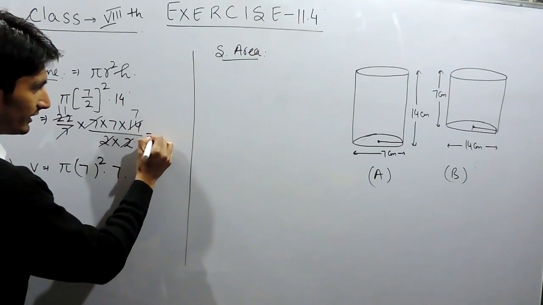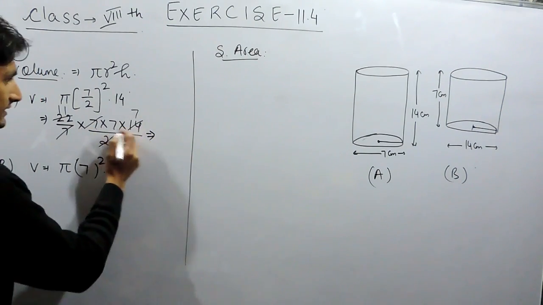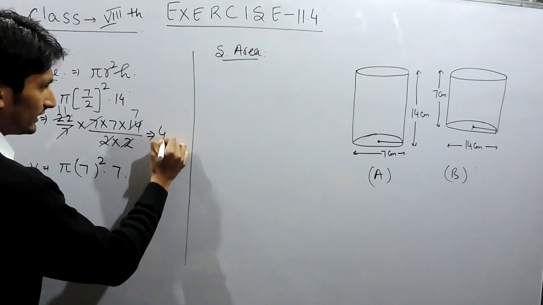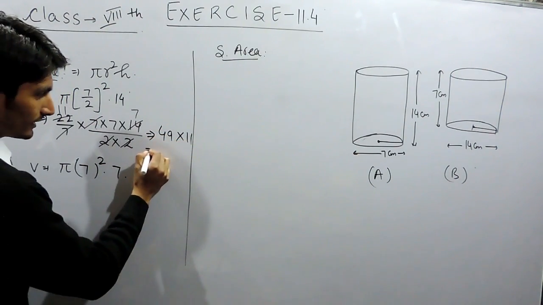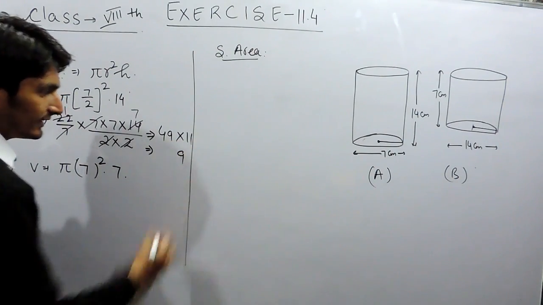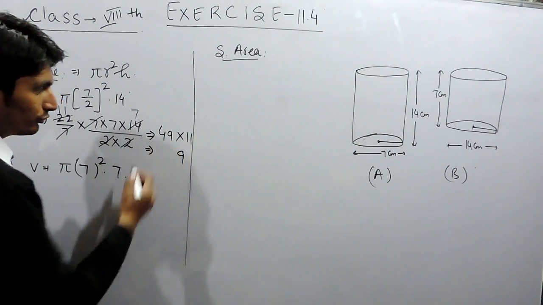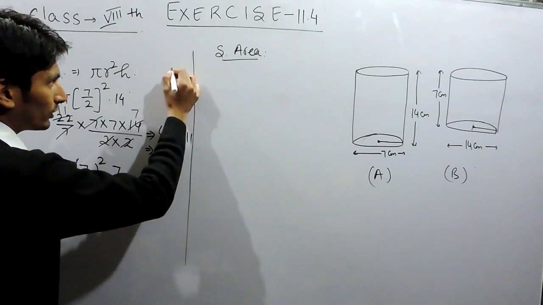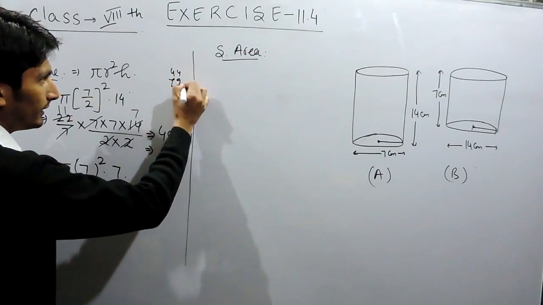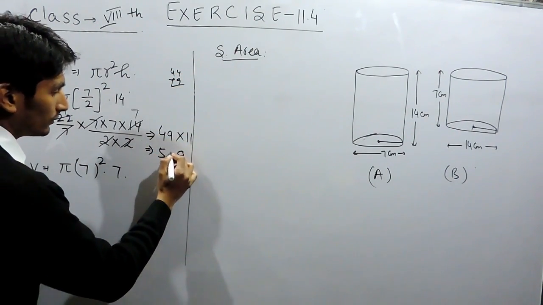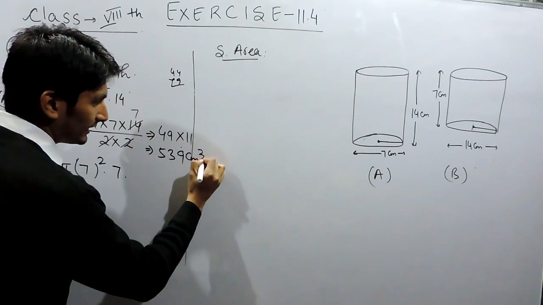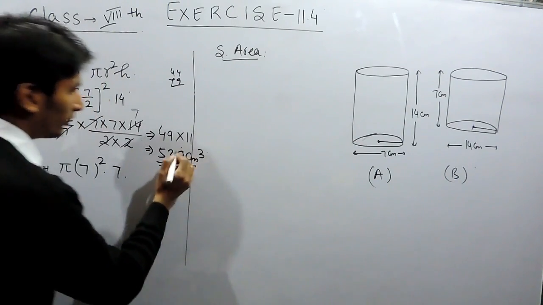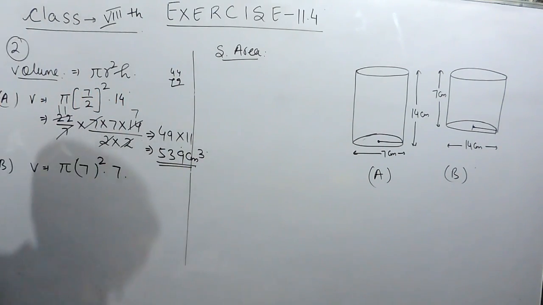So here the value will be equals to 7 into 7 is 49 into 11. So this will be equals to 11 into 9 is 99, carry 9, 11 into 4 is 44, and 44 plus 9 will be 53. So this will be 539 cubic centimeters. So the volume of this first cylinder will be 539 cube.